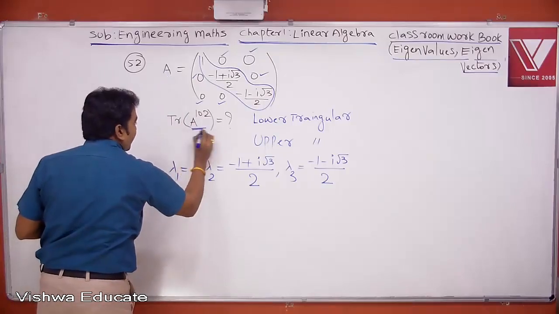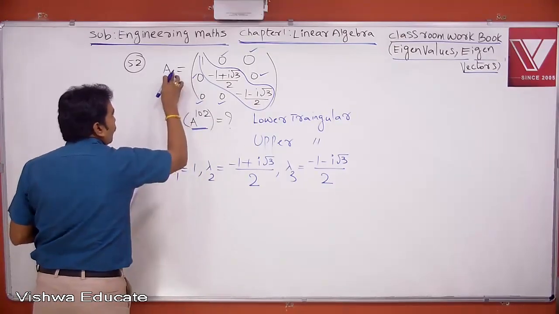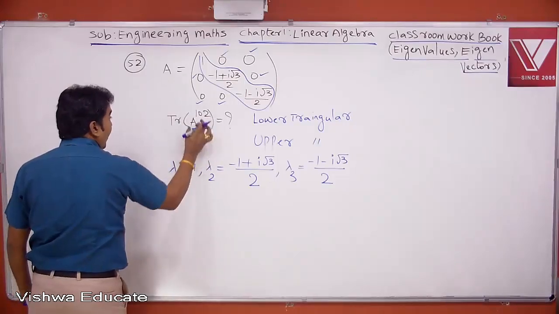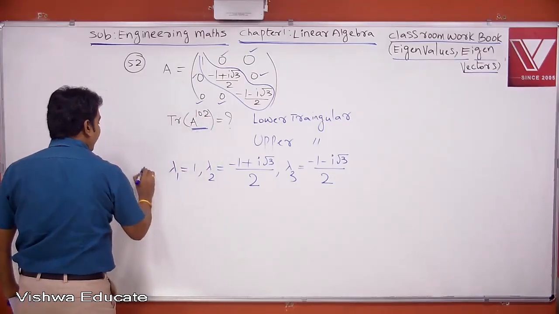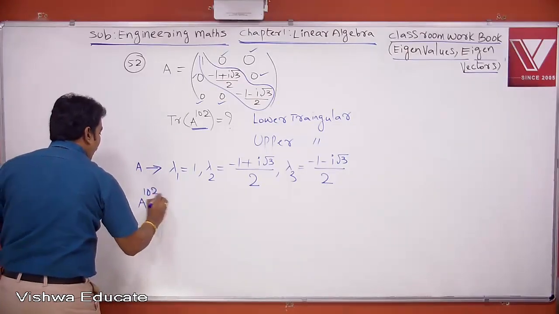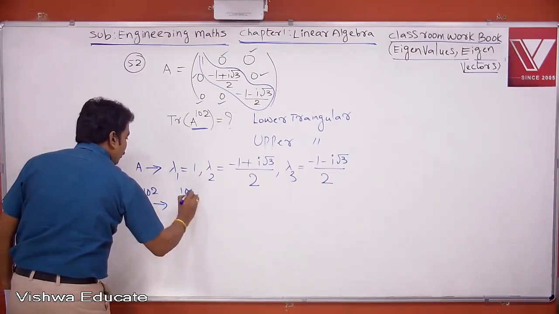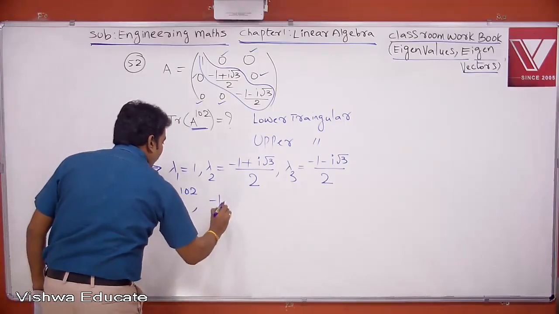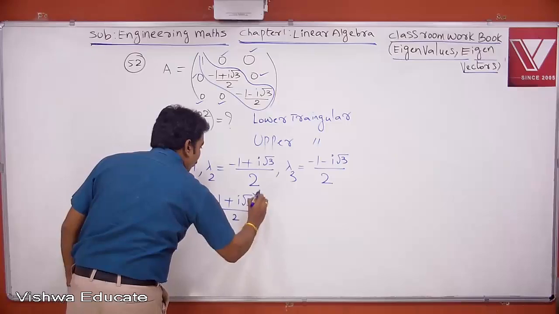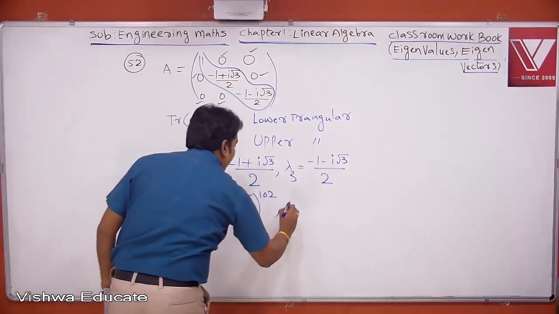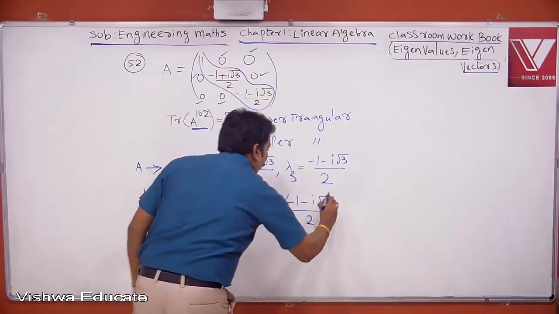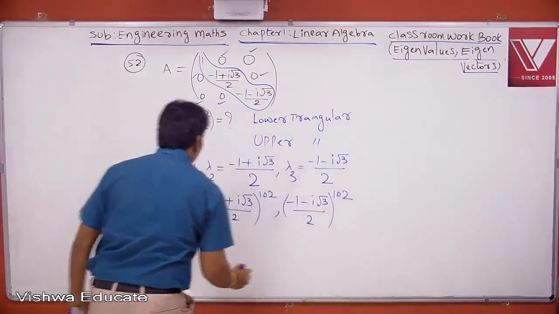Now I want the trace of A power 102. To find it, let us find the eigenvalues of A power 102. Therefore, the eigenvalues of A power 102 are 1 power 102, minus 1 plus i root 3 by 2 whole power 102, and minus 1 minus i root 3 divided by 2 whole power 102.